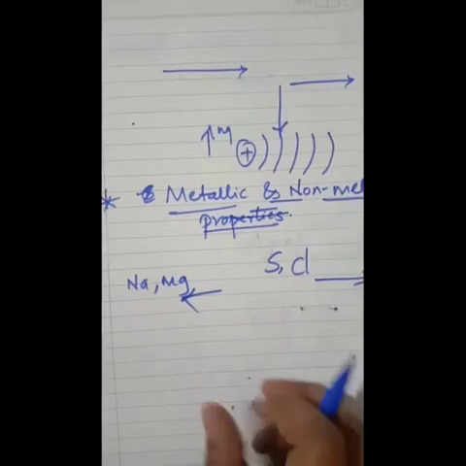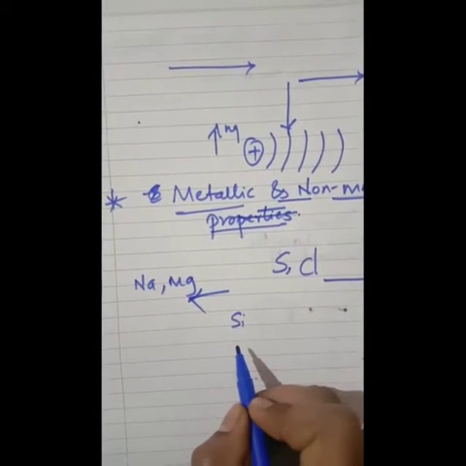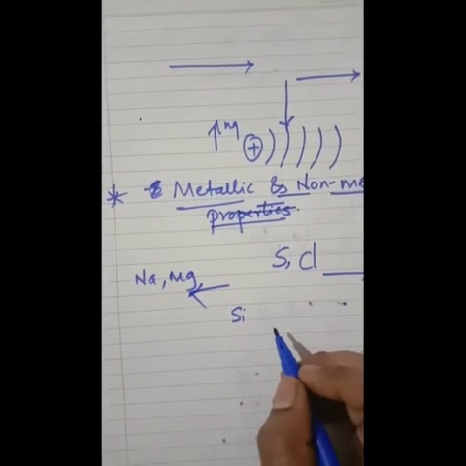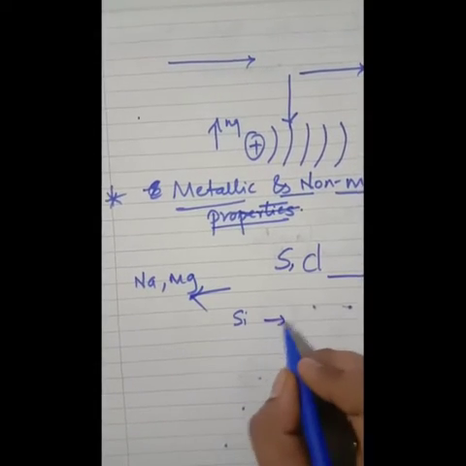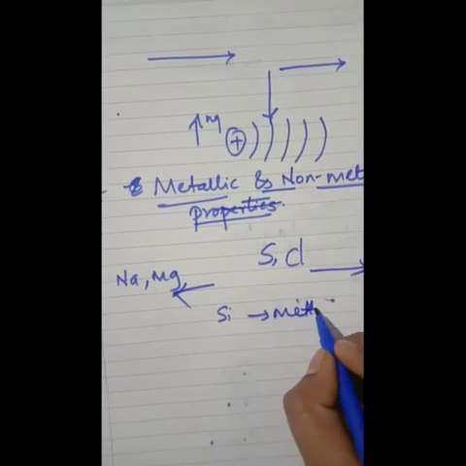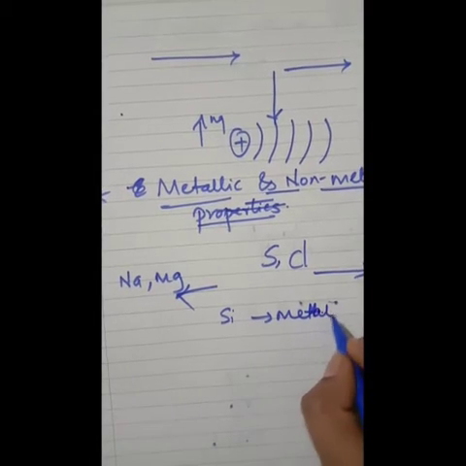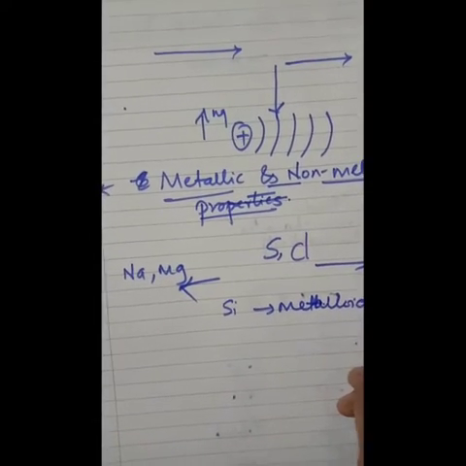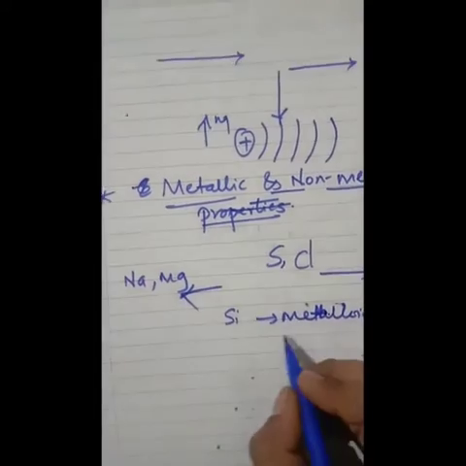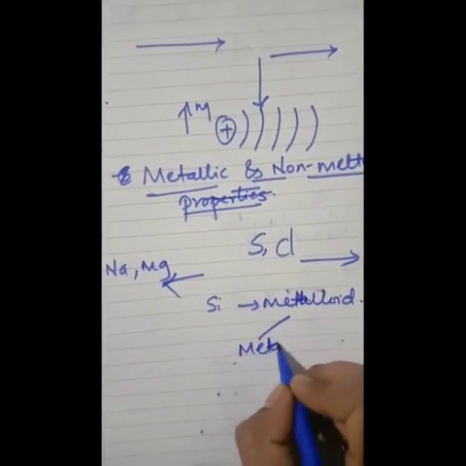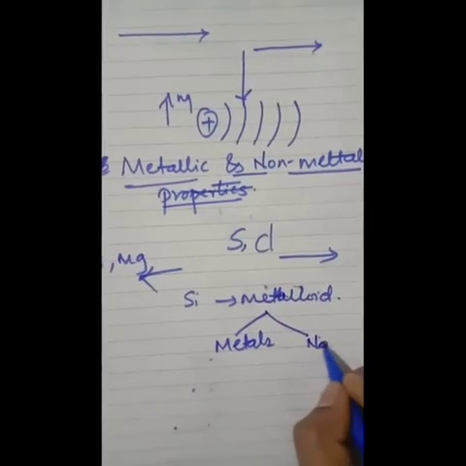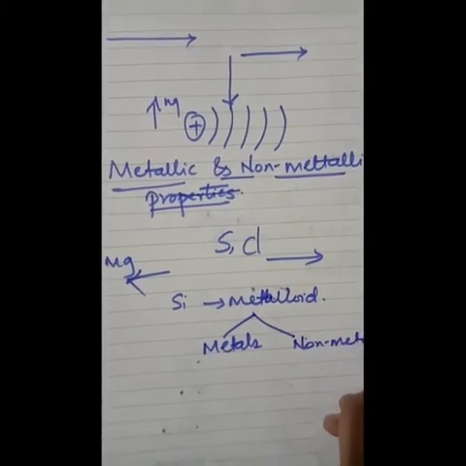So in the middle we have silicon, which is classified as a semi-metal, or it is called a metalloid, because it exhibits some properties of both metals as well as non-metals.